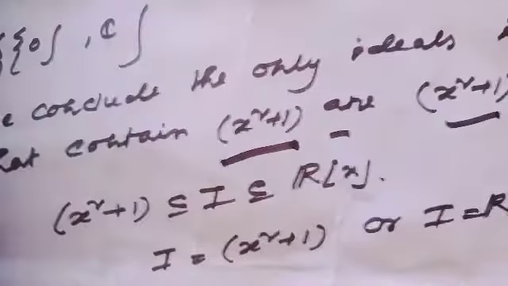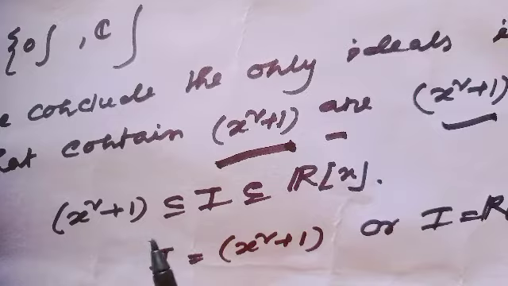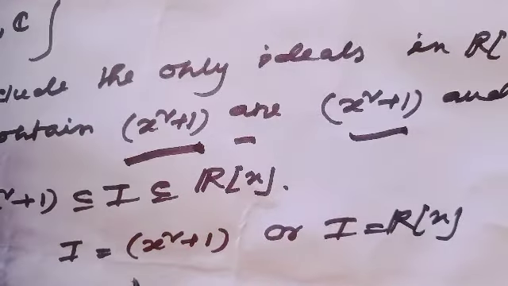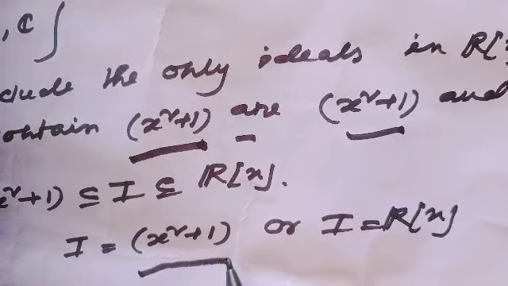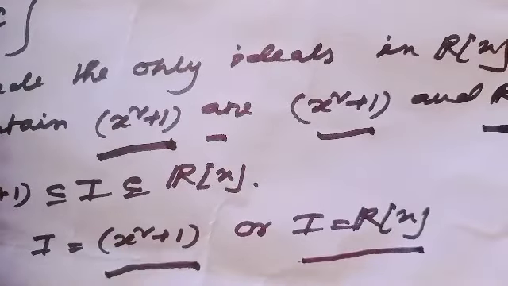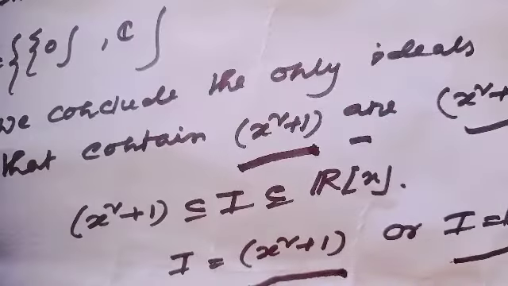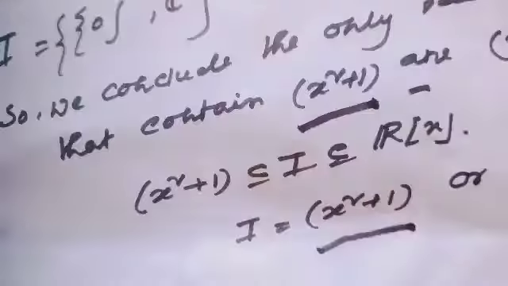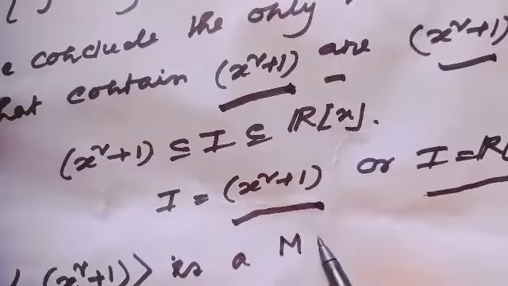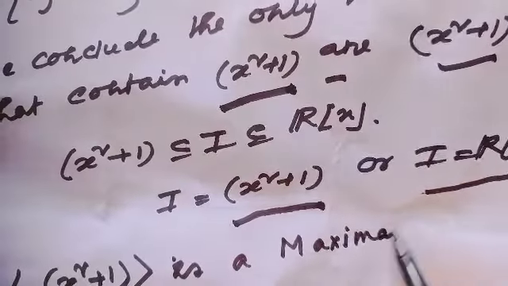That means if we write (x² + 1) contained in I contained in R[x], then I is either (x² + 1) or I is R[x]. And by this situation, we can tell the ideal generated by x² + 1 is a maximal ideal.